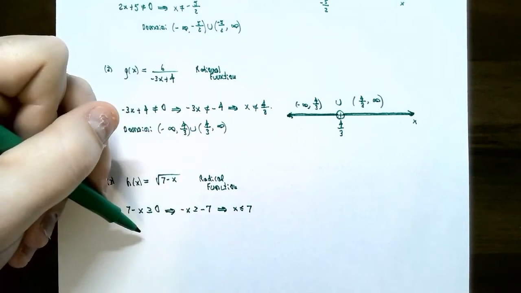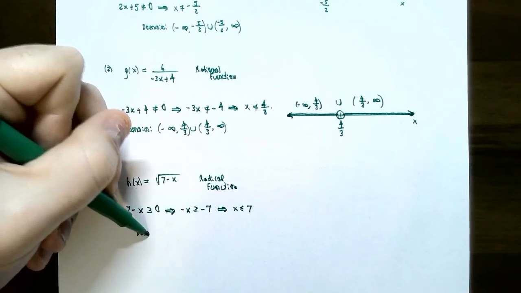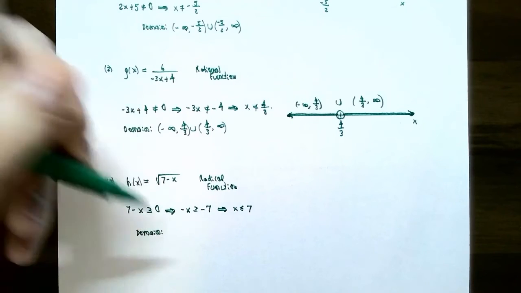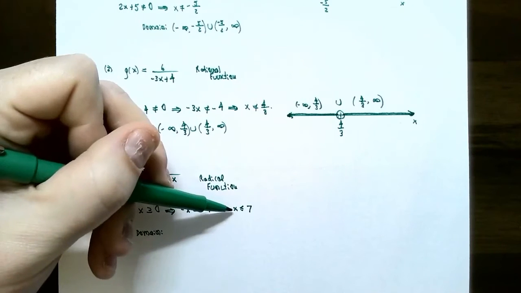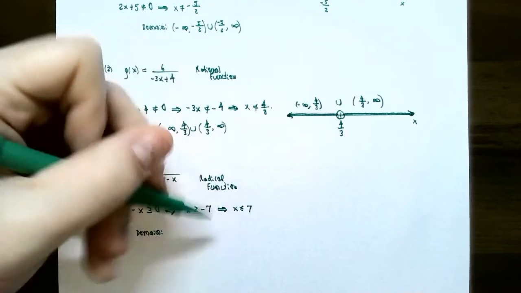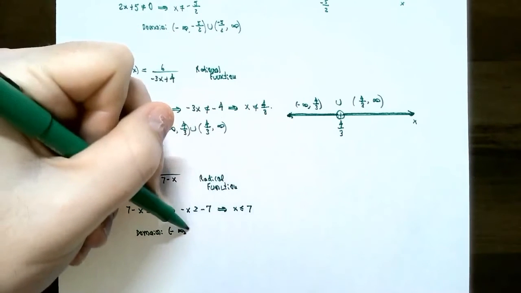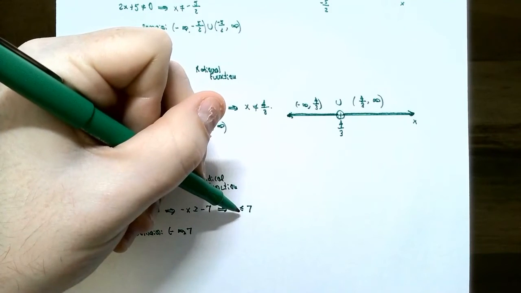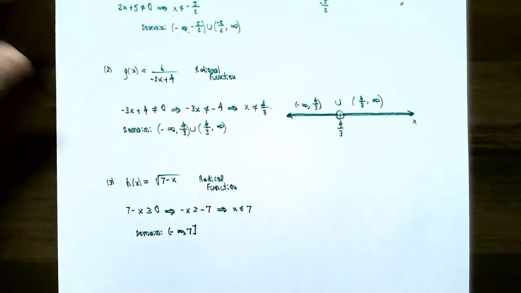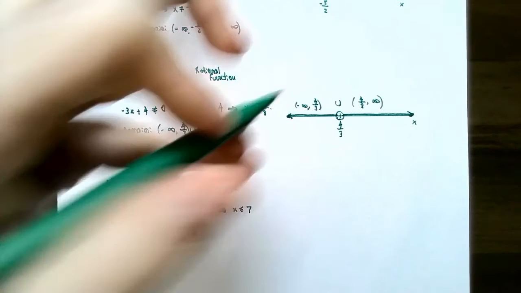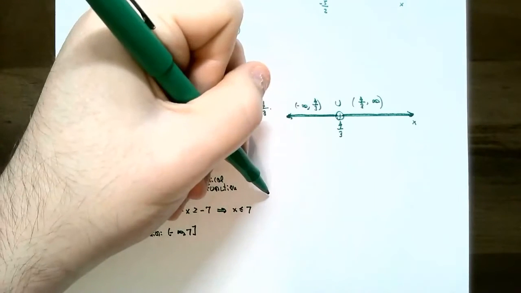So let's write this out with interval notation. The domain would be any x value less than 7. So negative infinity, comma, 7. And notice that this one has or equal to, so you do want to include 7. So square bracket. So let's make a note when we solve this inequality.